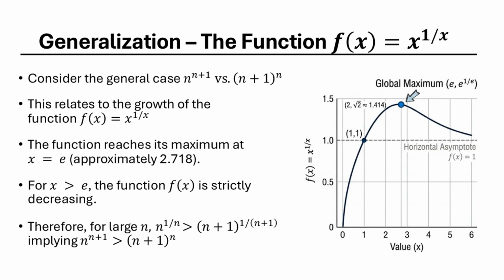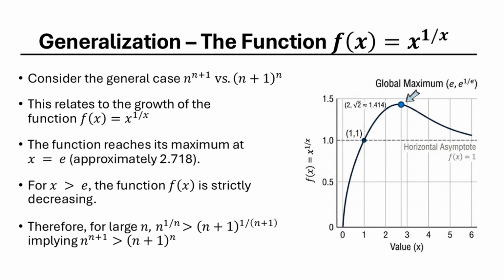To find the maximum of this function, we take the derivative and set it to 0. The derivative involves the quotient rule and shows us that the function increases until x equals e, which is approximately 2.718, and decreases thereafter.